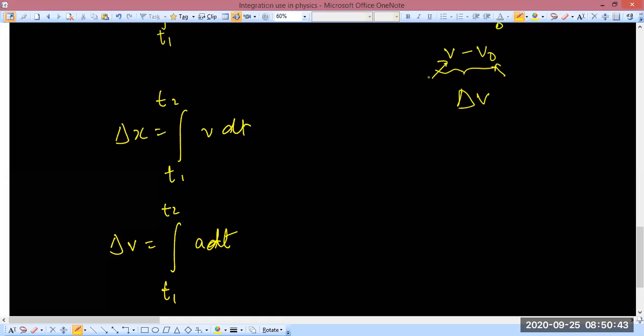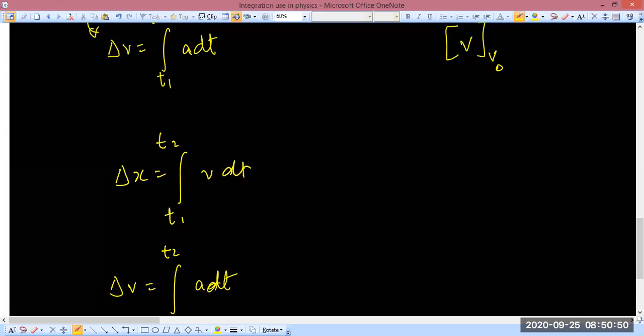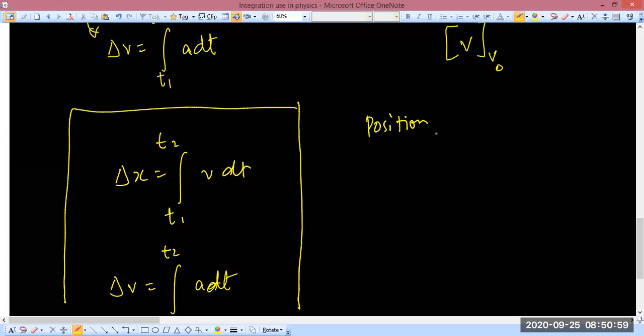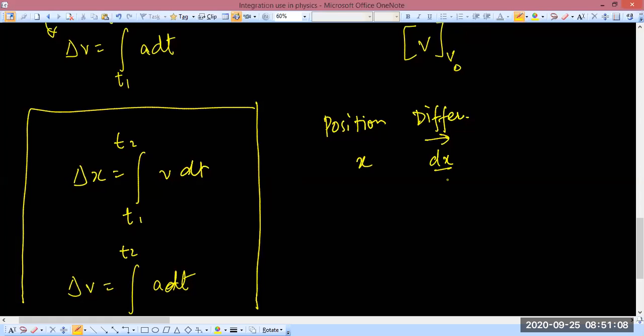Now, frankly, I'm not very surprised by this. I'll tell you why. Look at this. You take position. These two are formulas that we have been talking about today. If you think of position, that is x, and you do its differentiation, that means you do dx by dt. If you do its differentiation, you get velocity. Agreed?